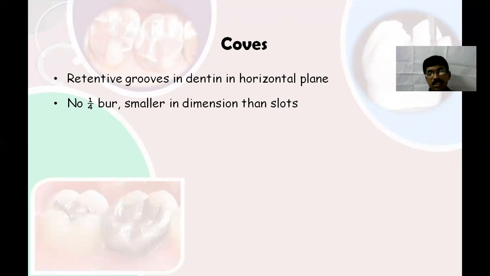So slots are given using the number 330 burr, and cores are given using the number 1/4 burr. The difference is that cores are smaller in dimension than the slots, but both are retentive grooves given in dentine in a horizontal plane.